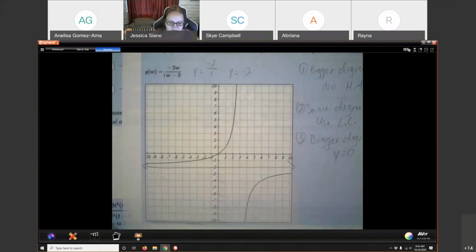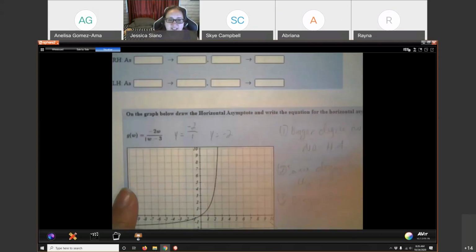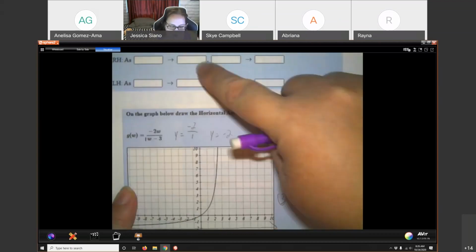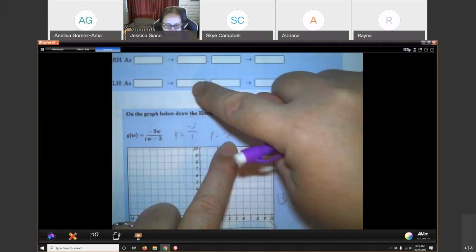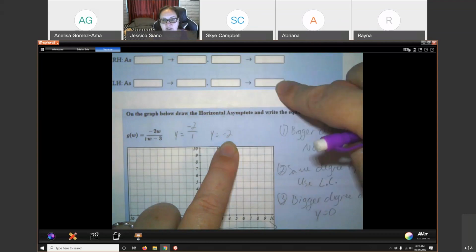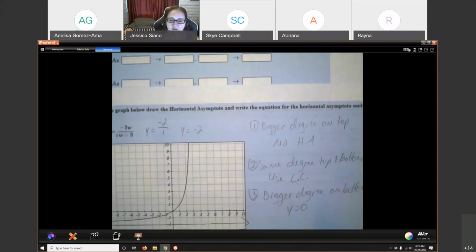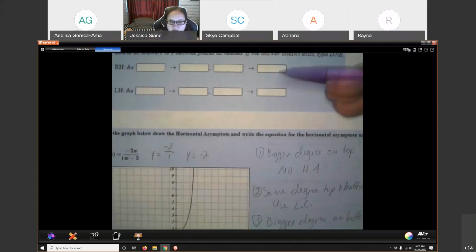You see it? So if I was filling these boxes in for this problem, I would say as x goes toward infinity, y goes toward -2. As x goes toward negative infinity, y also goes toward -2. So that's same degree top and bottom. If you have a bigger degree on the bottom and your horizontal asymptote is y equals 0, then both of these are 0.